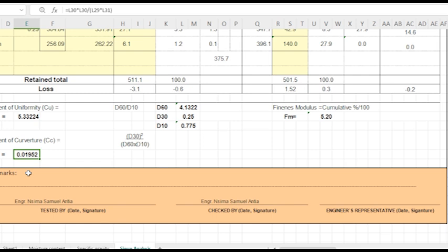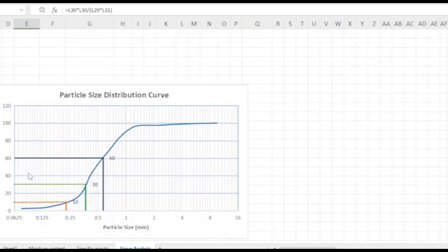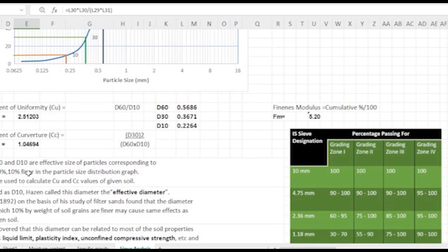With these values, we now go to the already set standard to help you categorize the soil, which has to do with percentage passing and the grading zone. Then the classification designation is also there. You use it.